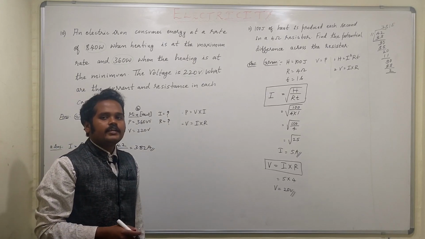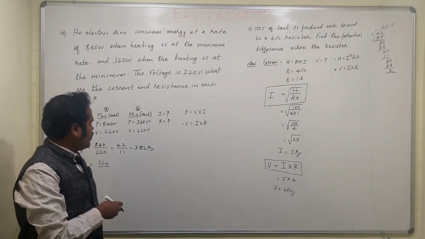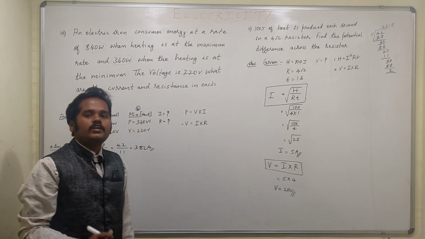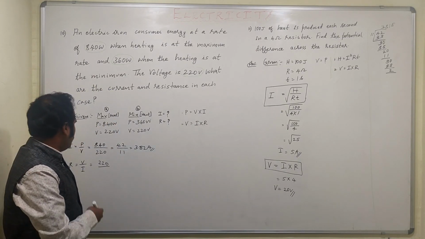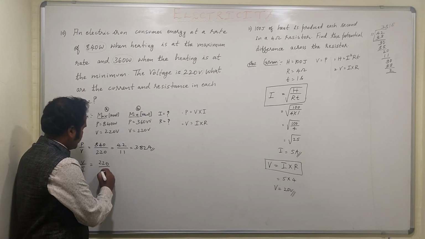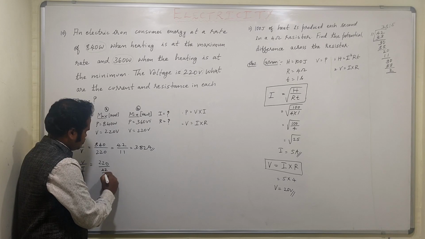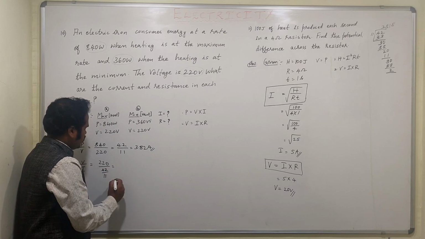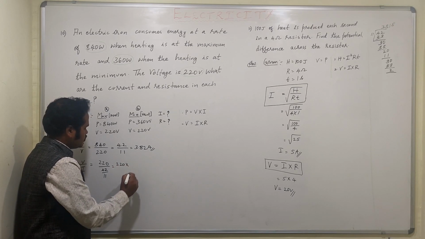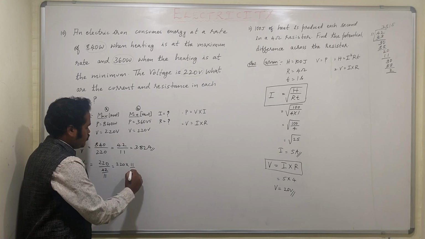Now instead of taking it as 3.82, we can take it as 42 by 11 for our convenience of simplification. So here I'll be writing it as 42 divided by 11. So what will this become? 220, we are reciprocating it, it becomes 11 by 42.